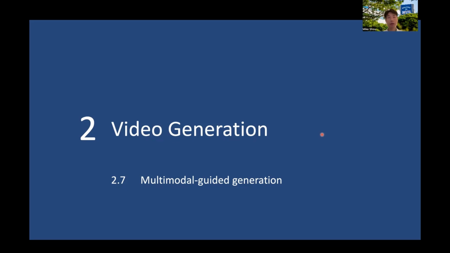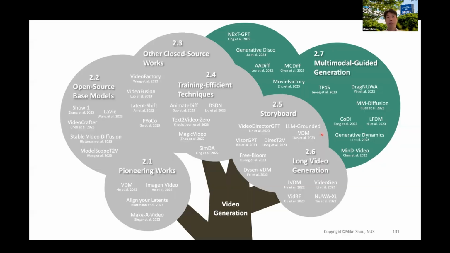So that's image-to-video generation, still plus the text as condition. But anyway, they are pretty limited in terms of the number of conditions. So in this topic, we're going to see a lot of work in this multimodal-guided generation that explores different kinds of conditions.